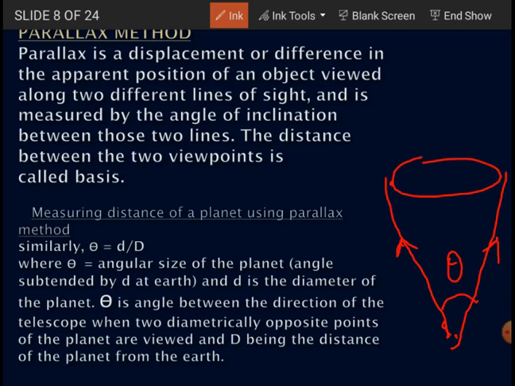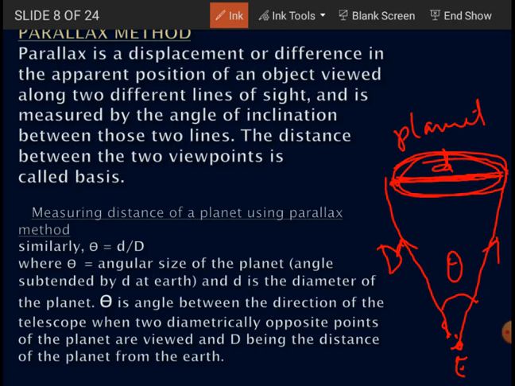And this diametrically opposite side will be termed as your d, which is nothing but the diameter of that planet. So if you know the diameter of the planet, then you can easily find out its size. And capital D is the distance between that planet and the Earth, your point of observation.